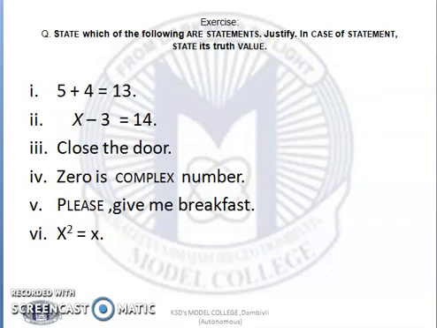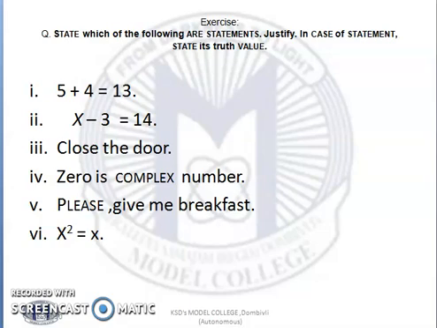From the exercise I have taken some examples, like 5 plus 4 equal to 30. We have to state whether it is a statement or not, and if it is, then its truth value. So you have to write it down. Let me explain in front of you. 5 plus 4 is equal to 13. It is false. So it is a logical statement.